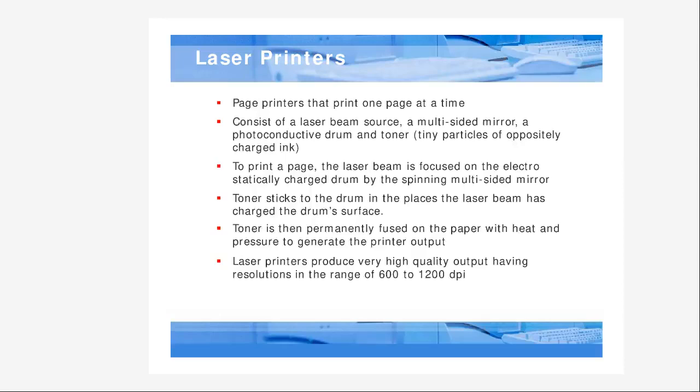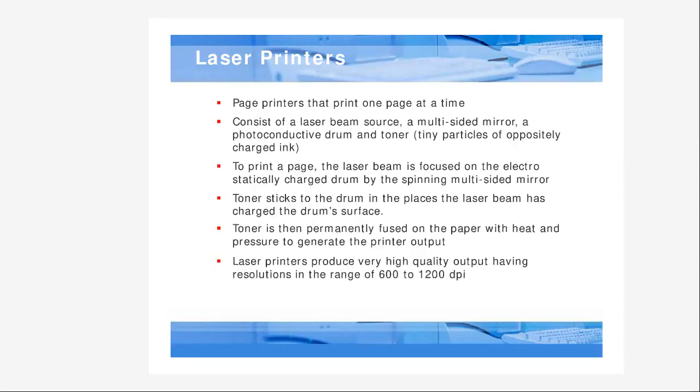In an inkjet printer also we use a similar mechanism. It uses a device called an IC resistor, which is used to heat the nozzles. Here we use the laser beam instead of an integrated circuit to heat up the drum.